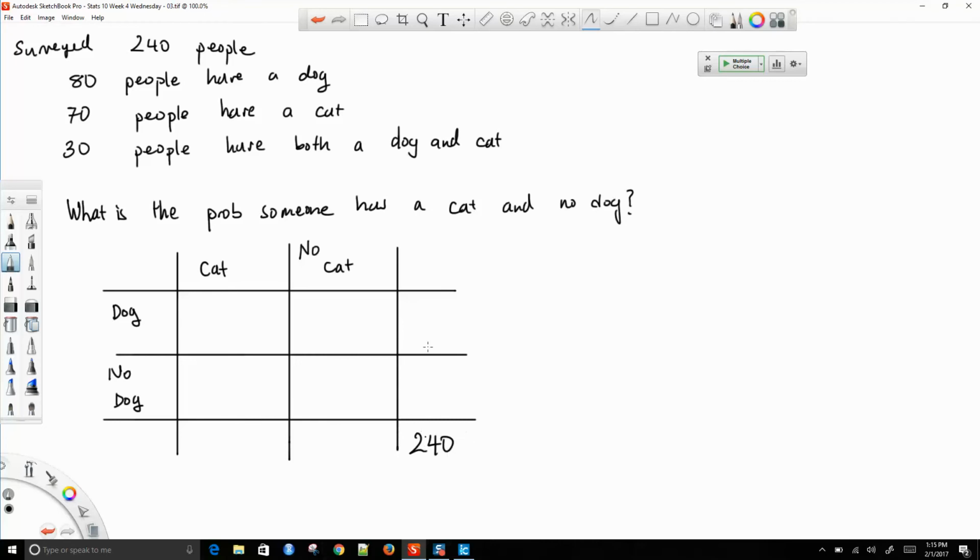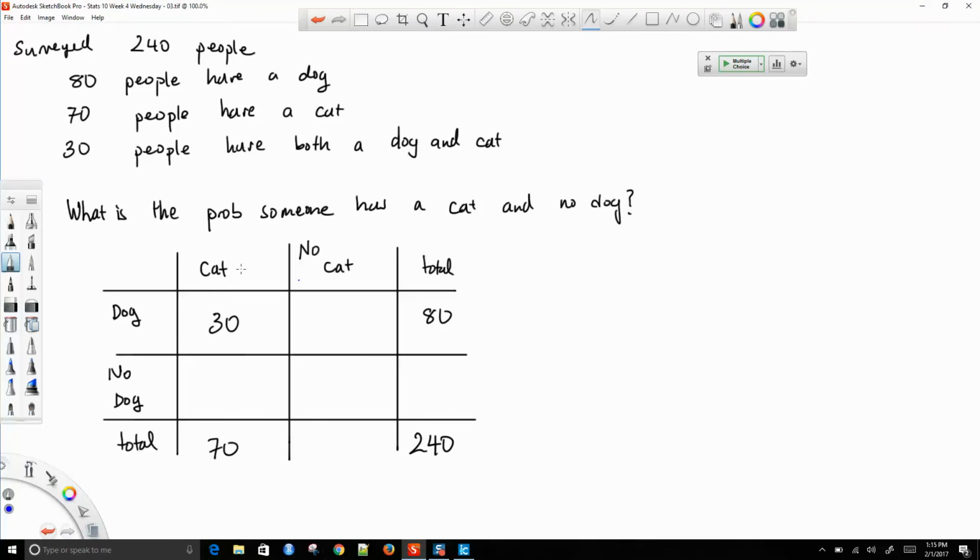So I'm going to put 240 in this total box. And we know that 70 people have cats, 80 people have dogs in total. And then we know also that 30 people have both a cat and a dog.